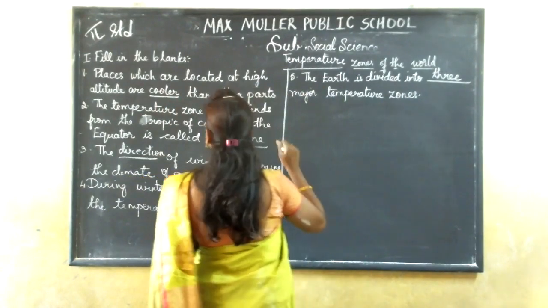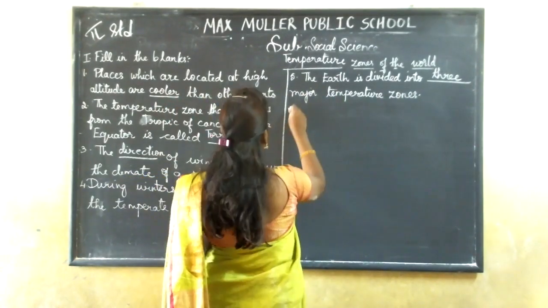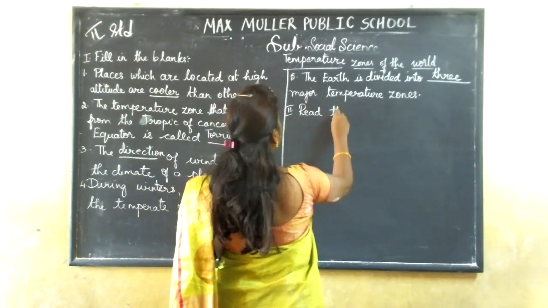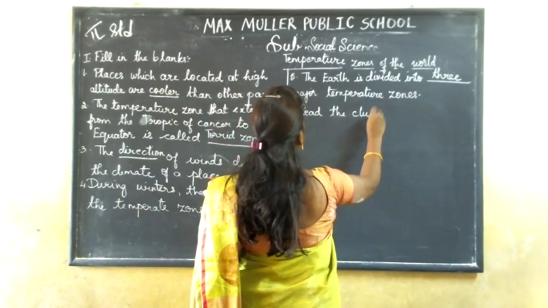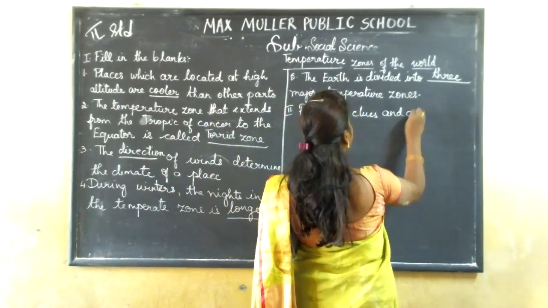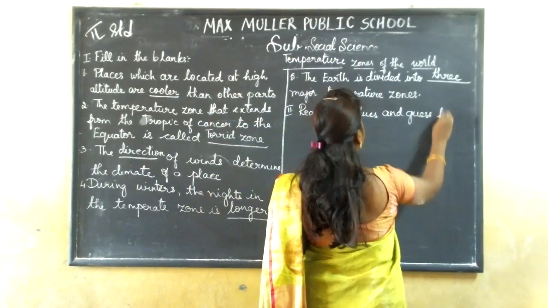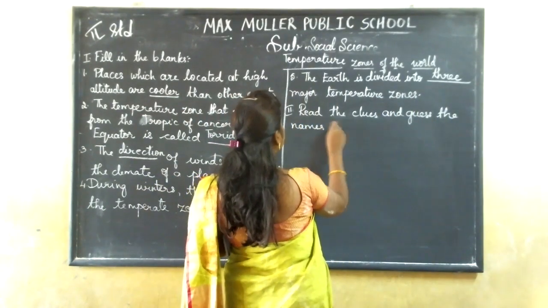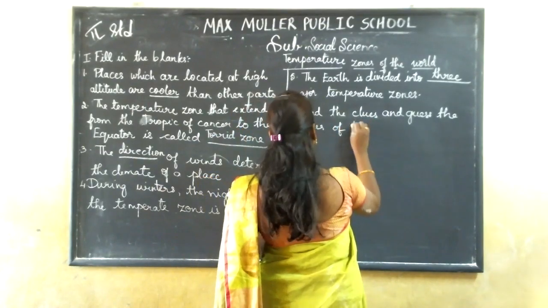So the fill in the blanks is over. The next one we are going to do is read the clues and guess the names of the zones.